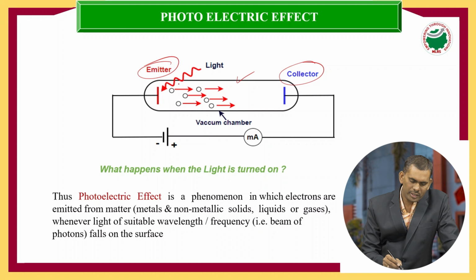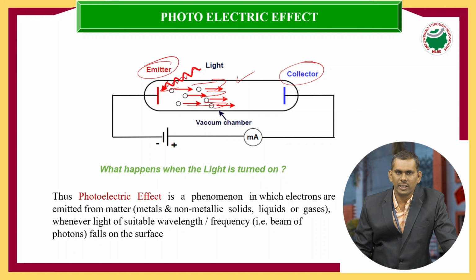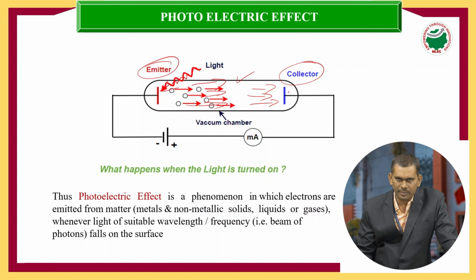Whenever we incident photons, the red color arrow indicates that we are incidenting some light energy on this metal surface. As a result, as per the phenomenon, free electrons are ejected from the metal surface. These red arrow marks indicate the ejected free electrons. These ejected free electrons are attracted by the collector setup.